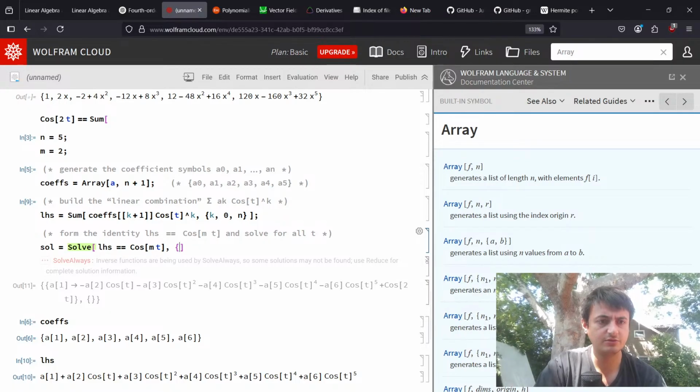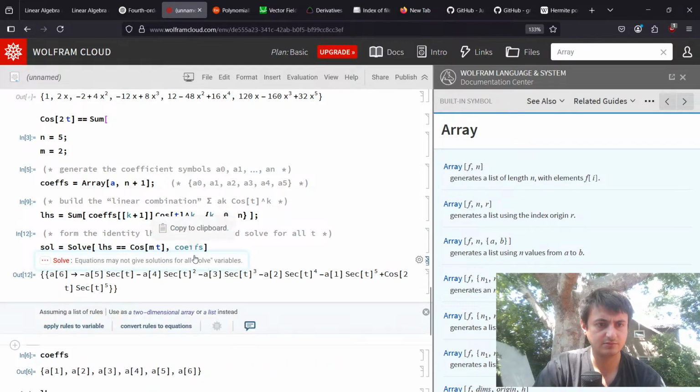Can we not just do solve in terms of coefs? Wait, I don't need to do this. We can just do this. Nah.